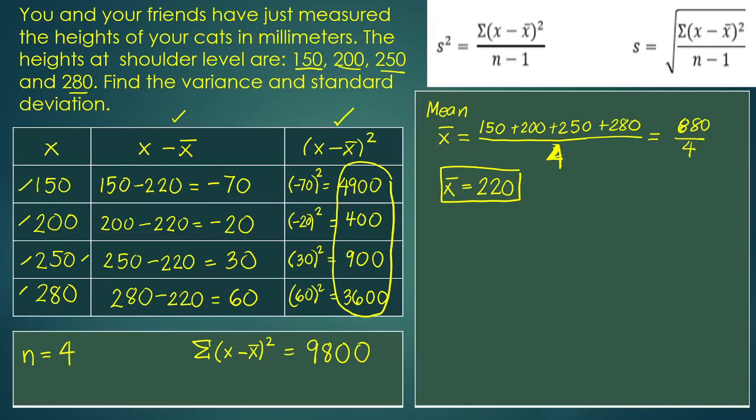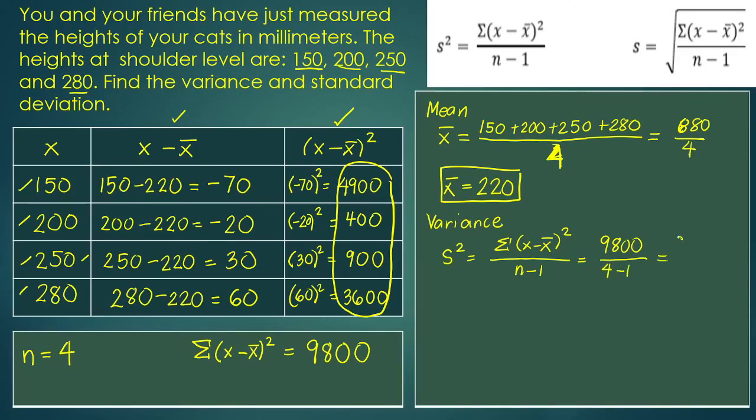Okay, go to the formula. Let's start with the variance. The formula for the variance is s squared is equal to the summation of x minus the mean squared over n minus 1. What is the numerator equal to? 9,800. Divided by what is n? That is 4 minus 1.